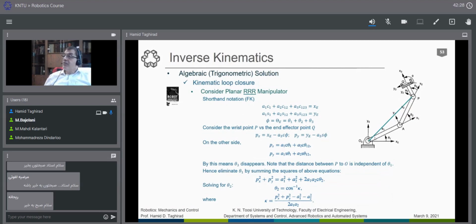So what does it mean? Find the length, the radius here. This can be simply done by adding the square of these two equations. Px squared, Py squared: we have this to power 2, this to power 2, and 2 times this times that. And since we have cosine here and sine here, when we add these two, we have the trigonometric relation that sine to the power 2 plus cosine to the power 2 is equal to 1, and this will be eliminated.